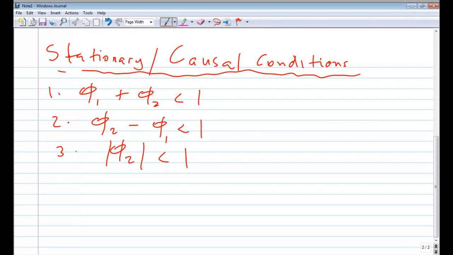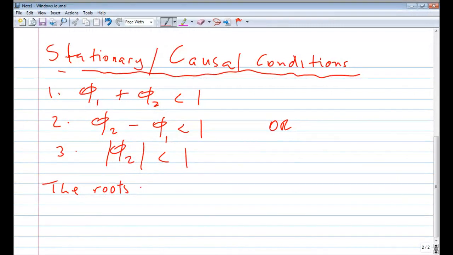If you don't want to use these conditions, you can use this one. You have to write your process in the backshift operator. Then you find the roots. The roots are factors; you can call them roots or factors.